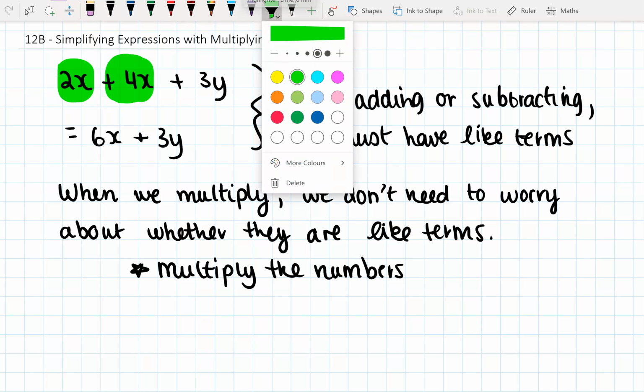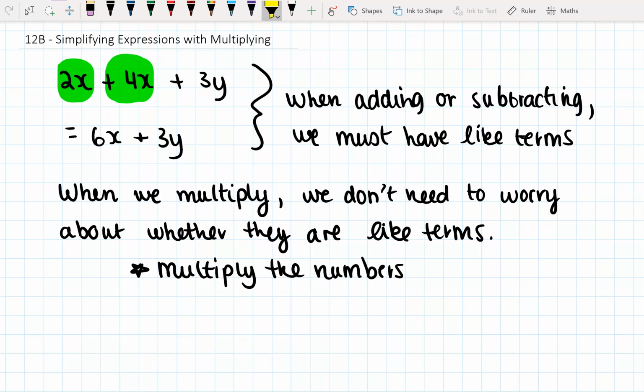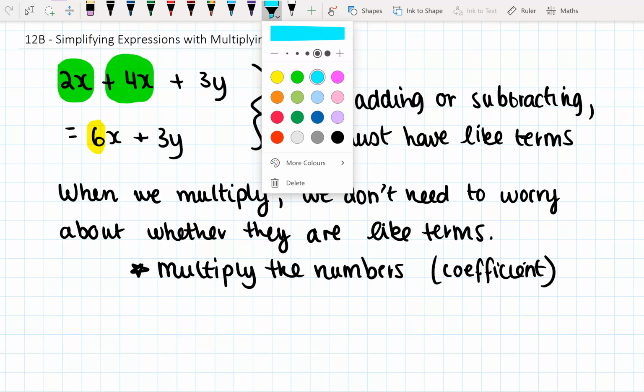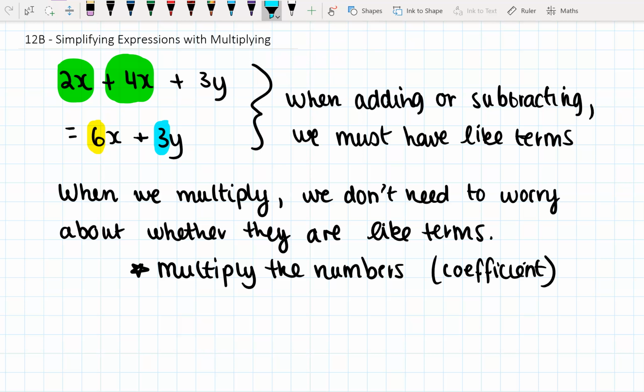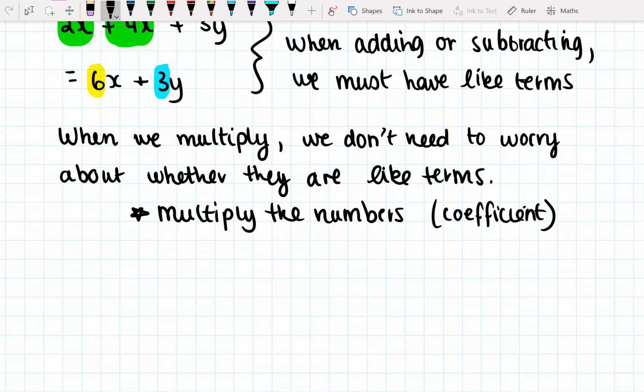For example, in what we did up here, the number before x is a 6, and what we said before is this is called a coefficient. We're going to use this word again later, so I want you to be familiar with it. So for the x, the coefficient of x was 6, and here the coefficient of y was 3. So this is important.